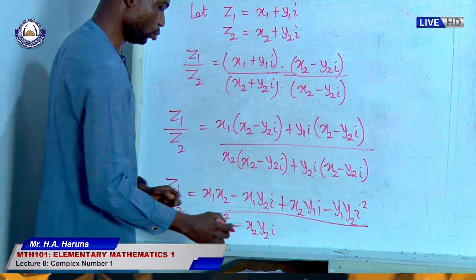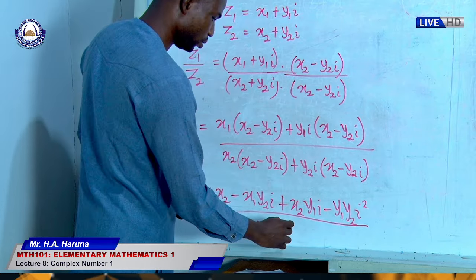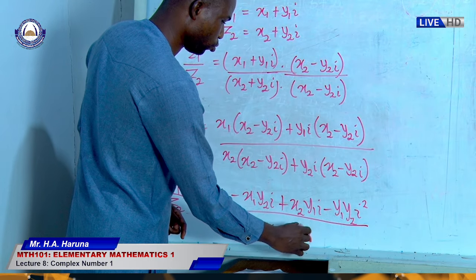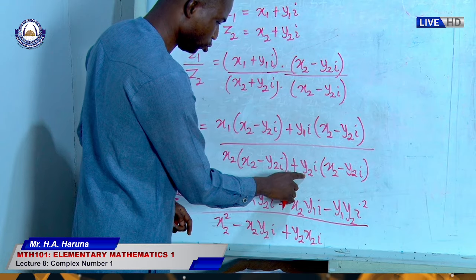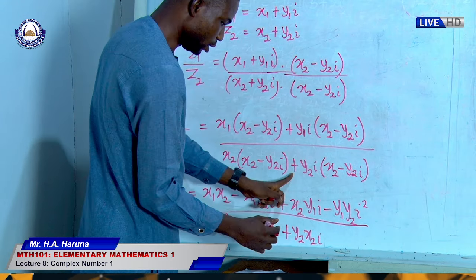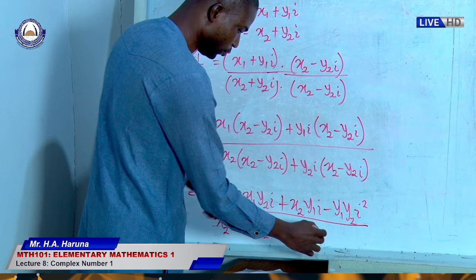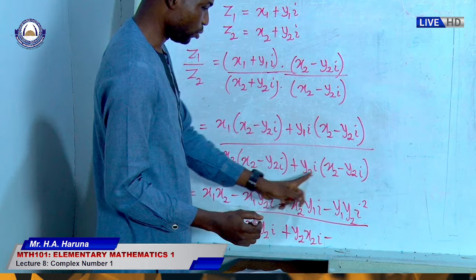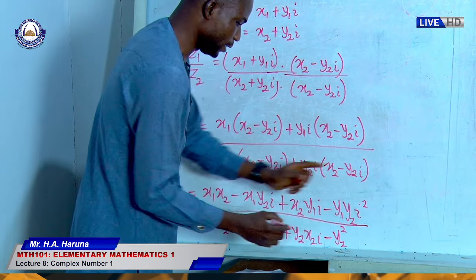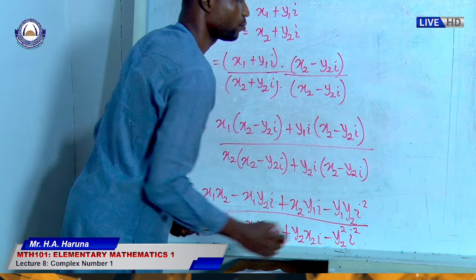Then you go to the next part, plus y2 x2i. Now, negative multiplied by positive gives me negative. Now, y2 multiplied by y2 is y2 squared. So, i dot i gives me i squared.